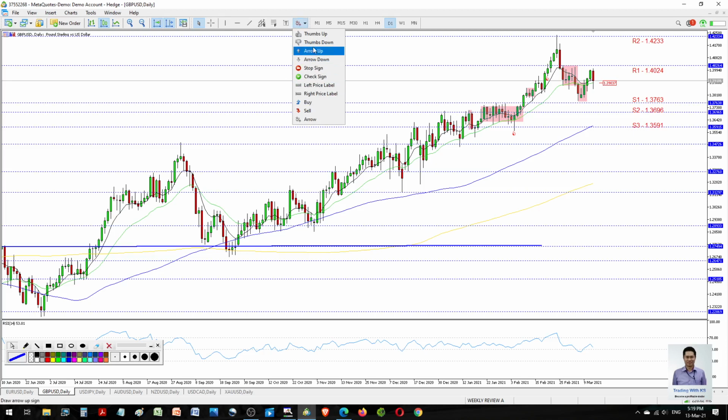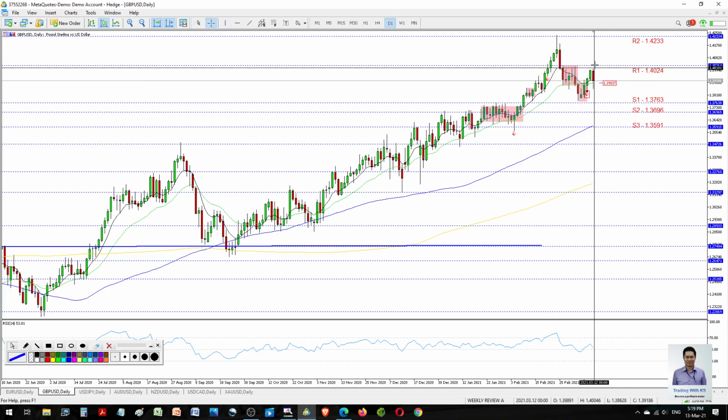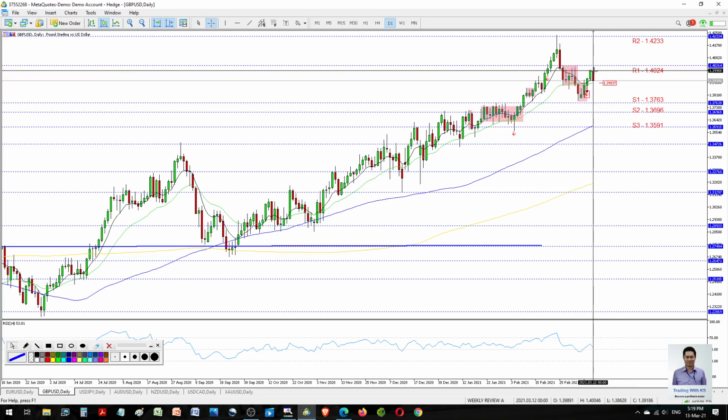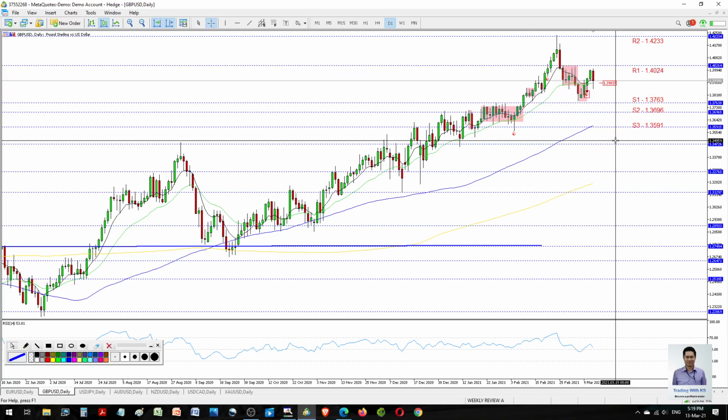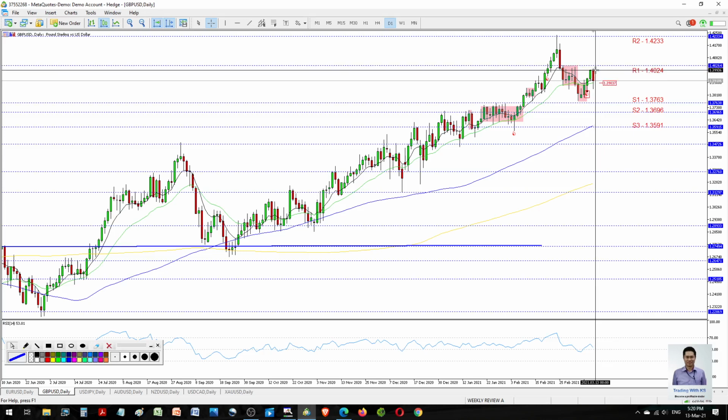I didn't manage to post this trade, but actually I took a trade over here on the breakout. I put my stop slightly below this 1.4024, because I took an intraday trade.